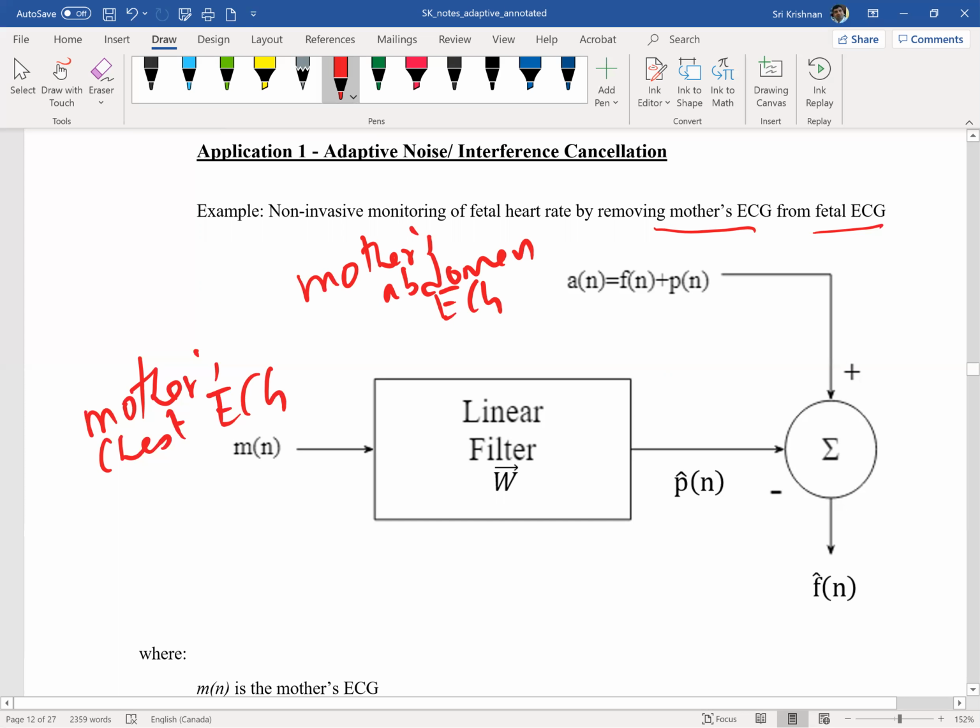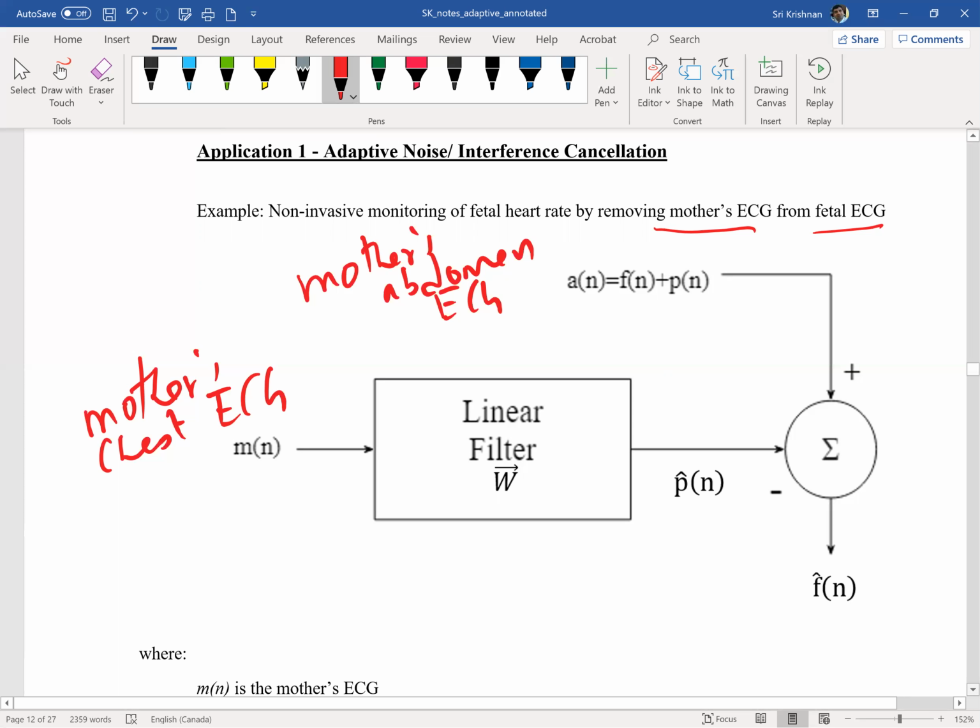You have to make sure that the role of the desired response we have seen before is played by the abdominal ECG A of N, and the input to the adaptive filter we have seen before is played by the mother's chest ECG. The inputs to these adaptive systems are a very key component, because if you flip things, then you might be looking at the wrong output.